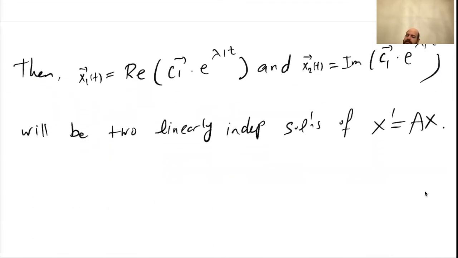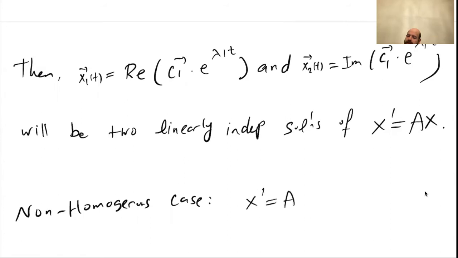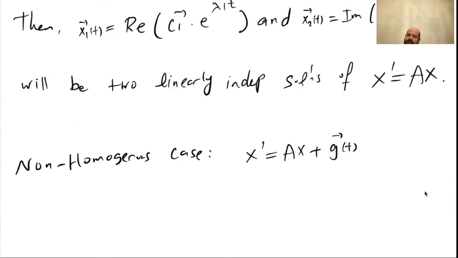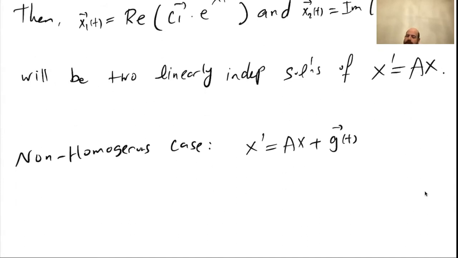And in this chapter, we also looked at the non-homogeneous case, where we have, let's say, x prime equals Ax plus g of t, and g of t is a vector. And we wrote x, the general solution.